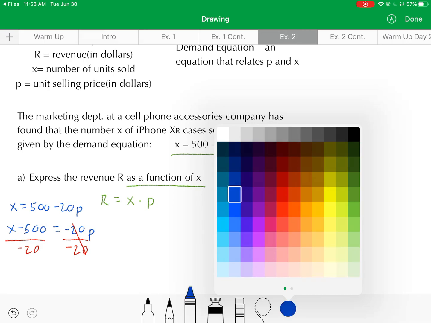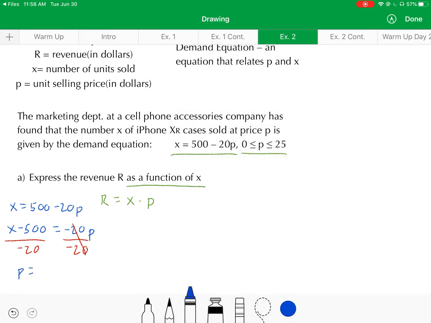And I'll end up with P is equal to negative 1/20th X plus 25, okay? So now I've just manipulated the demand equation. It was given to me as X written in terms of P. I needed it the other way so that I can now take this expression right here, what P is equal to, and I can plug it into my formula.